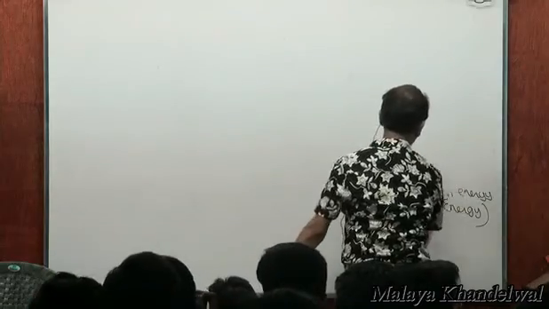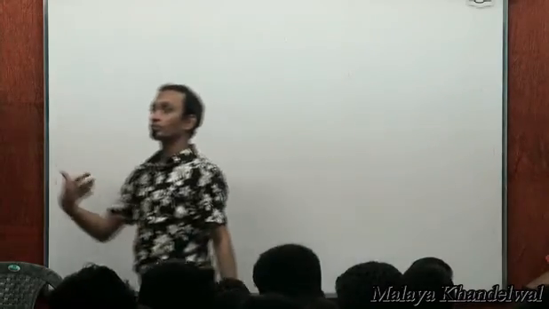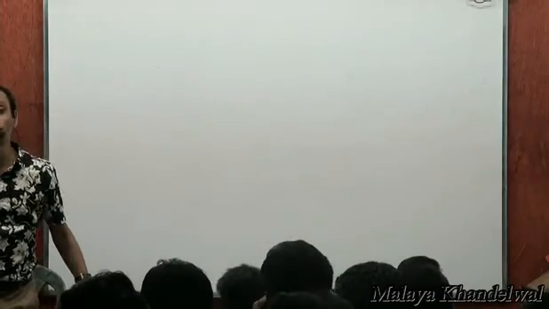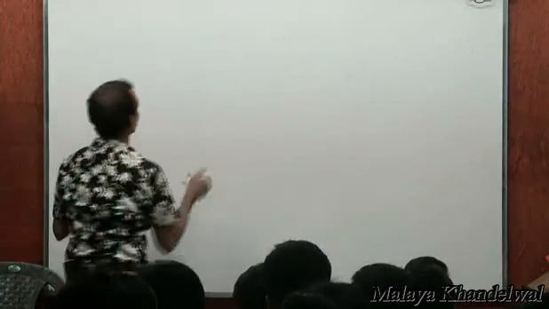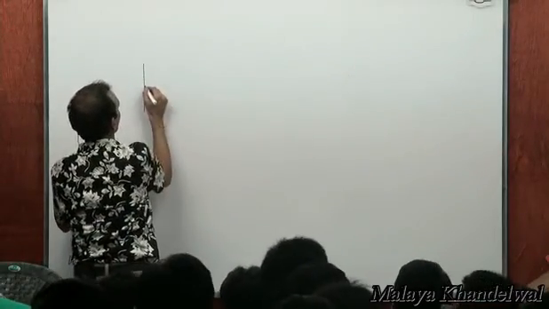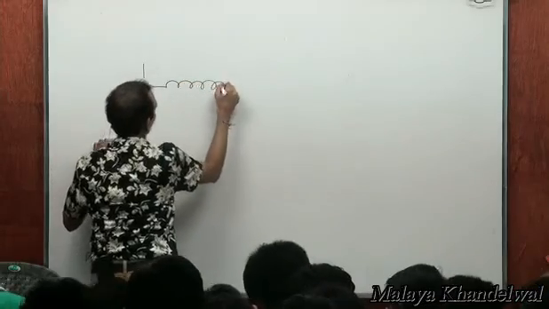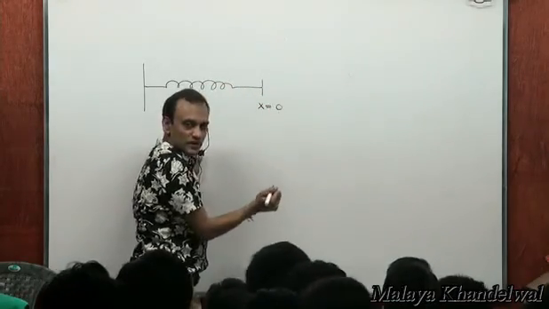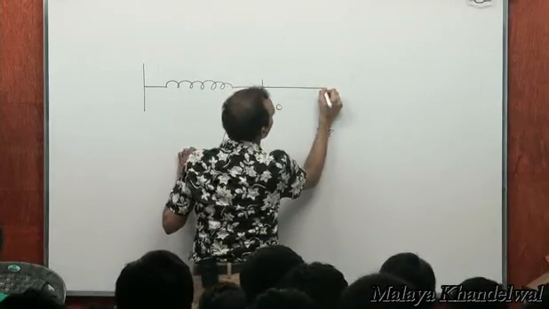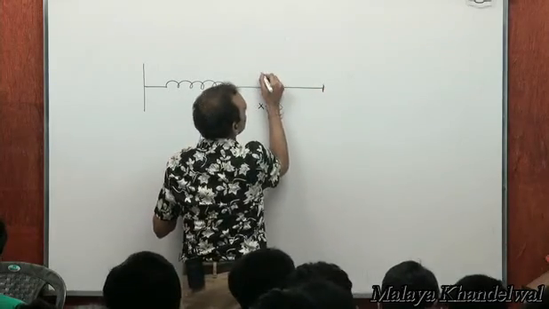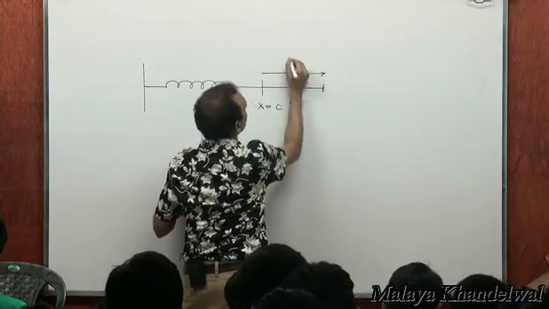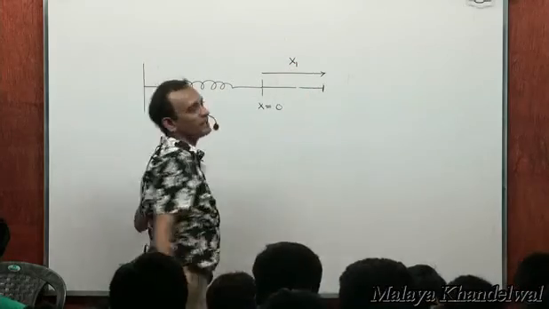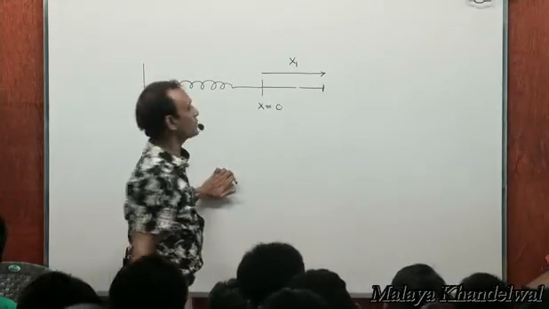Suppose we had a spring that was already deformed. This is x equal to 0, the natural state of the spring, and say I have a spring which is already elongated by an amount x1.